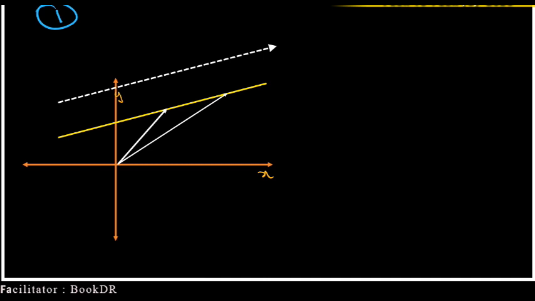This yellow line passes through this point A. And the same yellow line is parallel to the white vector here. Let's call that vector B, the free vector here, vector B.